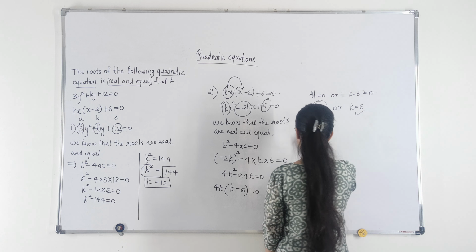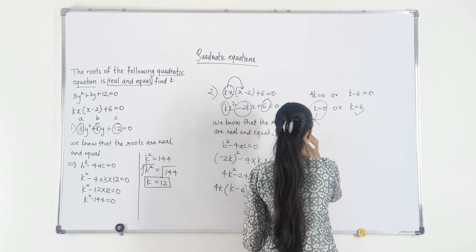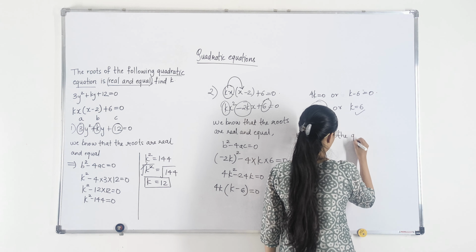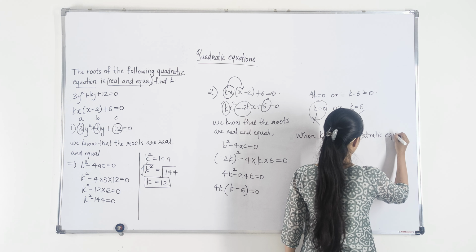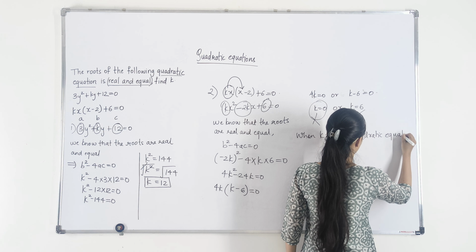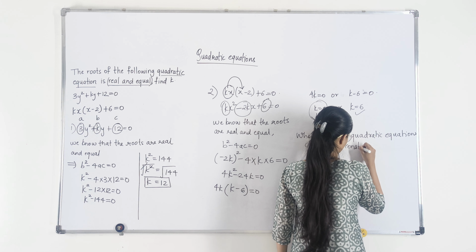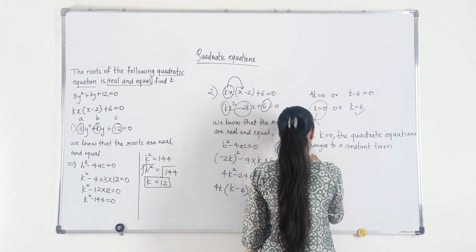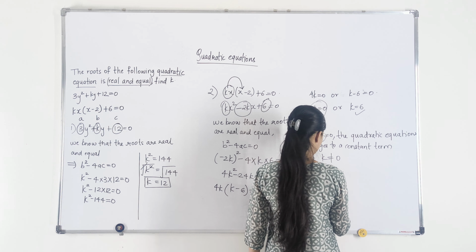That is why you can say that when k equals to 0, the quadratic equation changes to a constant term. Hence, k cannot be equal to 0, therefore k is equal to 6.